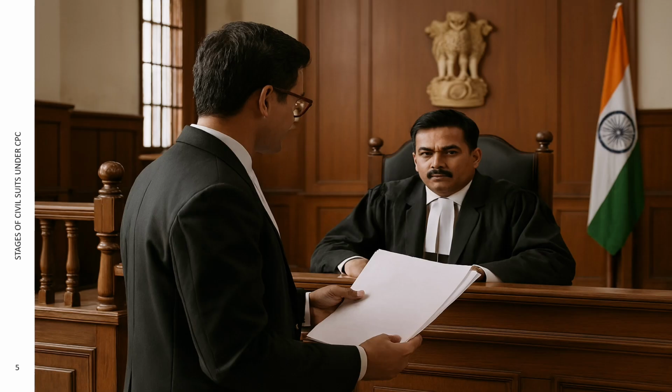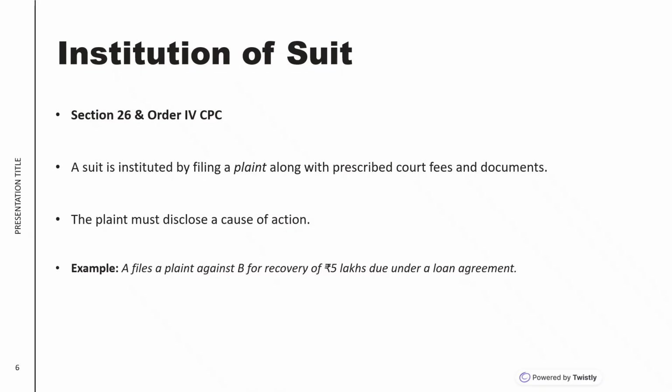As we all know, the first step is institution of suit, which is done by filing a plaint under Order 7, Rule 1 of the CPC. It is also provided under Section 26 and Order 4 of the CPC. So please have a look at that.